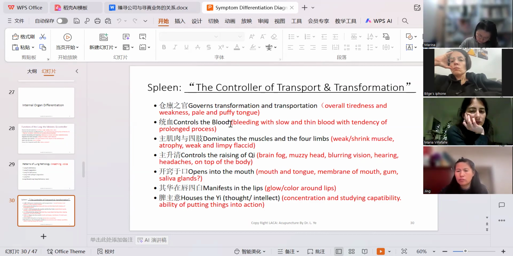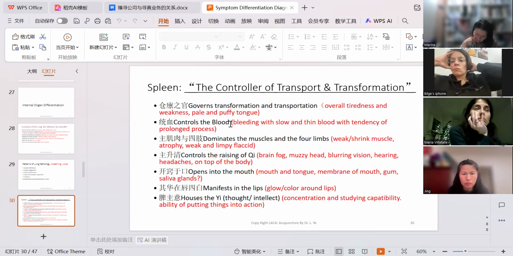And the spleen also has a function of holding everything, particularly holding the blood within the blood vessels, therefore bleeding. Usually it's a type of leaking or prolonged bleeding process.